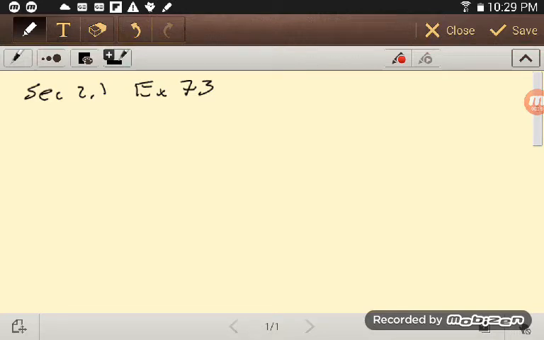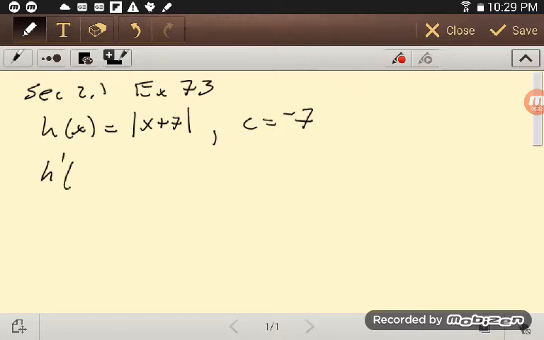So here we have h of x is equal to the absolute value of x plus 7, and c is -7, so we want to find the derivative there. So we want to find h prime of -7, using that alternate form that they mention on page 101 at the top.